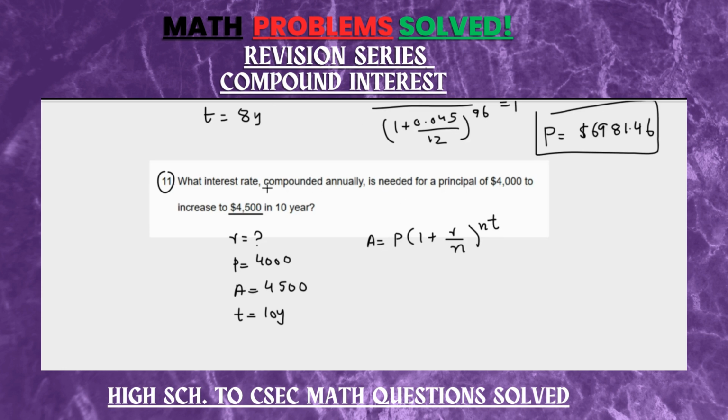Again, what's the compounding here? Compounded annually, so n will be just 1. So you will take 4,500 equals the principal, which is 4,000, times 1 plus r, which is unknown to you, to the power of the time, which is 10. So first of all, you will divide 4,500 by 4,000, and you will get rid of this. So I need to use my calculator.